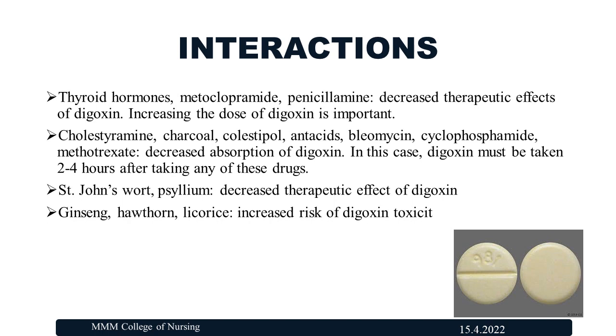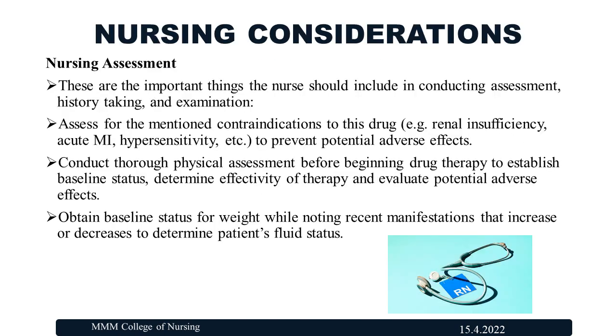We have to remember the decreased therapeutic effect of digoxin, and also the increased risk of digoxin toxicity with the help of the Jones-Watt xylene mechanism, and the Zinn-Hawthorne mechanism can also be used.